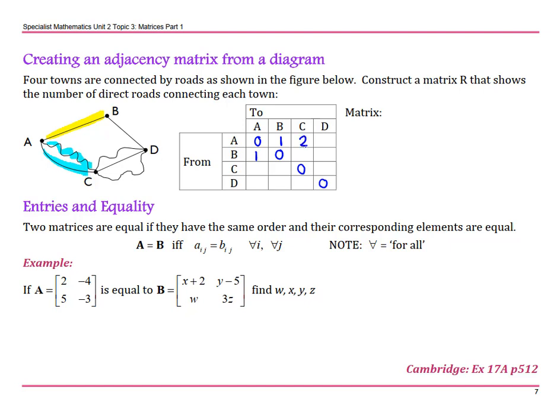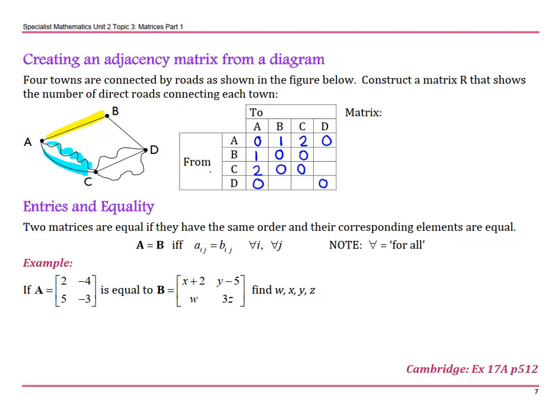So from C to A, we also have 2. A to D, we can't do, so that's 0. So filling in both of those. B to C, we can't do. So filling in those 2.